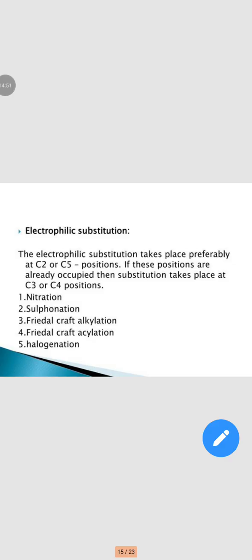The electrophilic substitution reactions are nitration, sulfonation, Friedel-Crafts alkylation, Friedel-Crafts acylation, and halogenation.